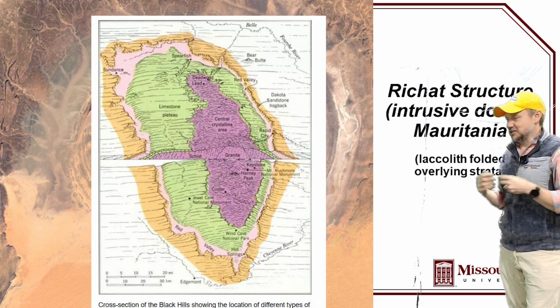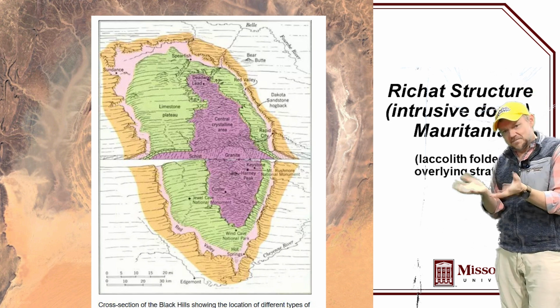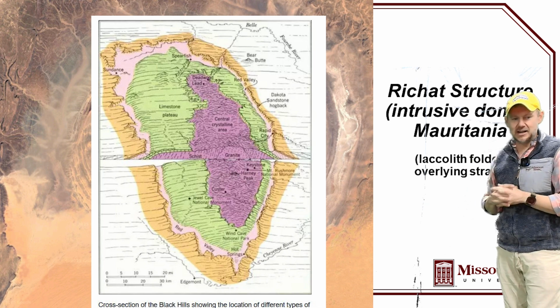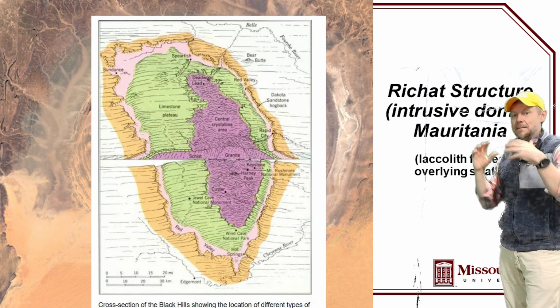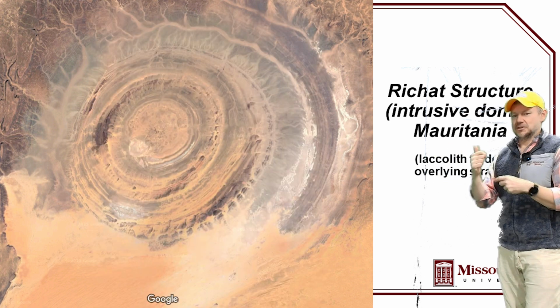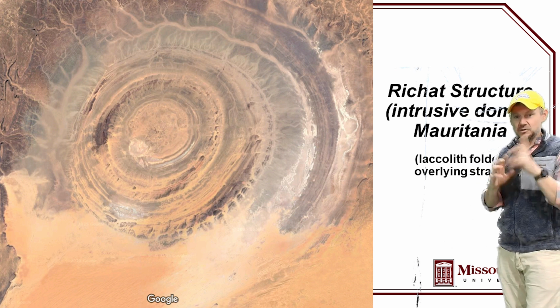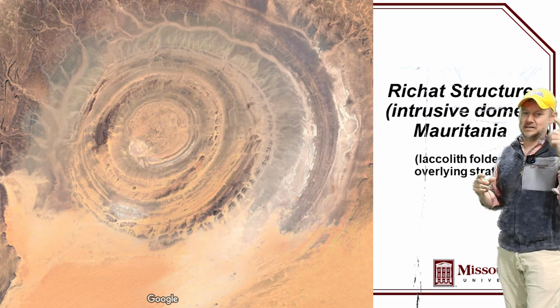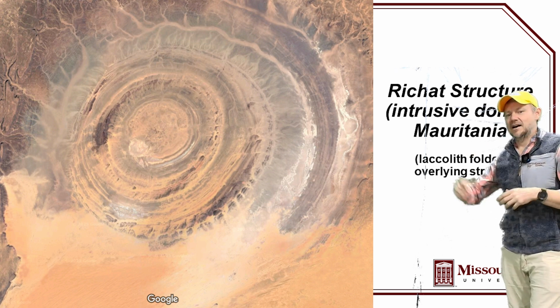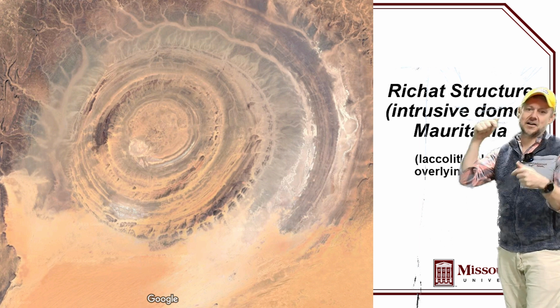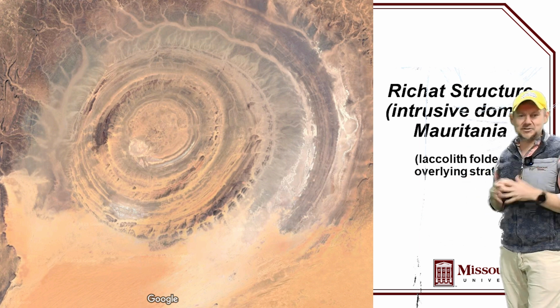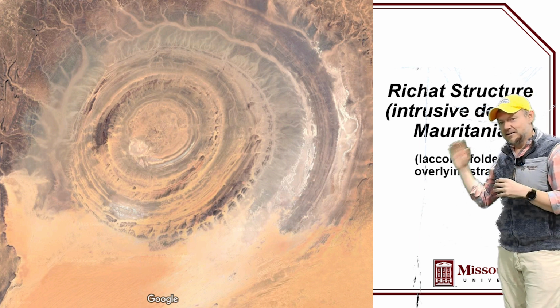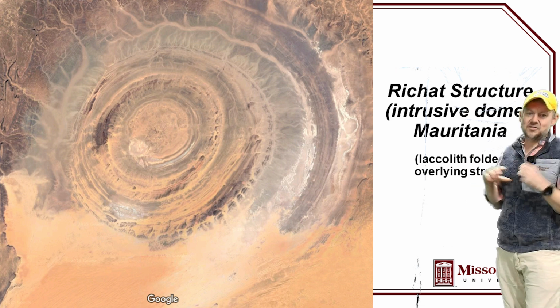So if you see a geologic map of the Black Hills, you'll see that concentric bullseye shape. Just like if you see the Michigan Basin, you'll see concentric circles, but all the rocks dip towards each other, which also means the youngest rocks are in the middle in the Michigan Basin. In the Black Hills, the oldest rocks are in the middle. It's like anticlines on all sides for the dome, synclines on all sides for the basin.